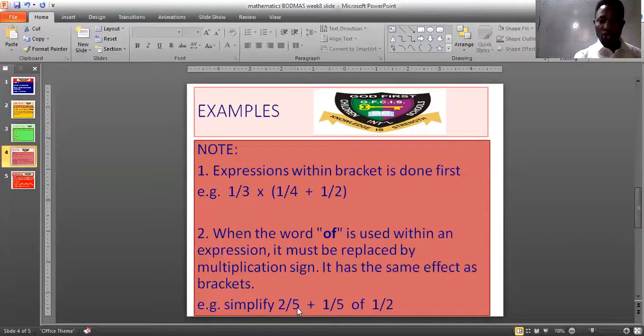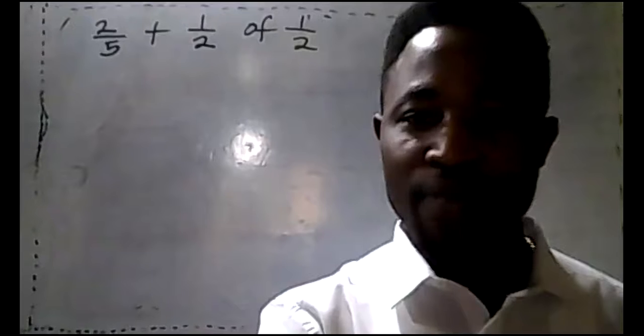This one says 2 over 5 plus 1 over 2 of 1 over 2. All right, so let's see how we're going to solve that so you would understand what I'm talking about. Don't forget that I said BODMAS means bracket, of, division, multiplication, addition, and subtraction.